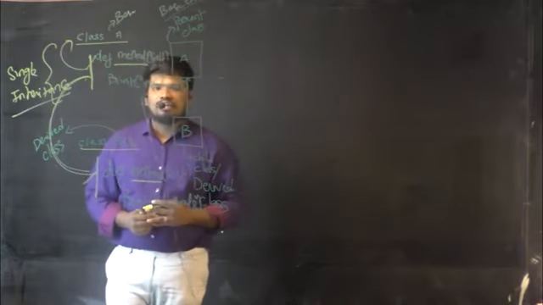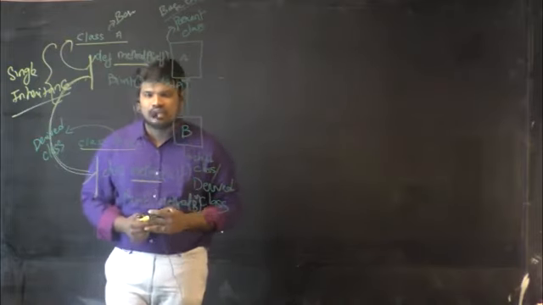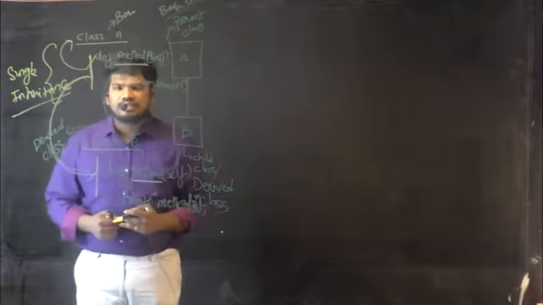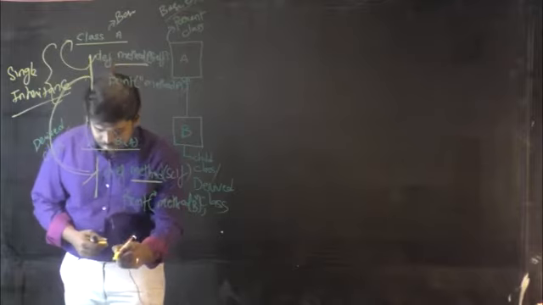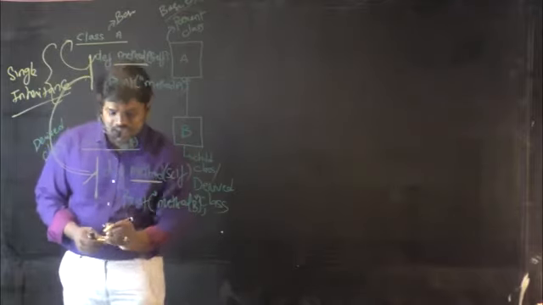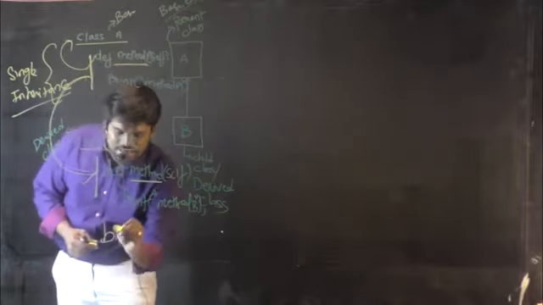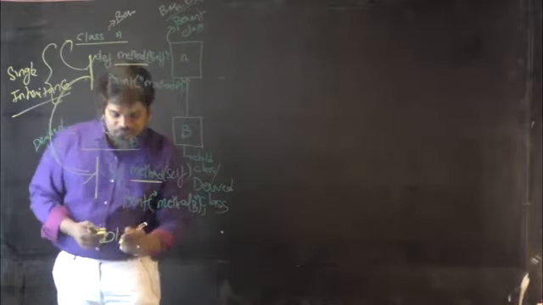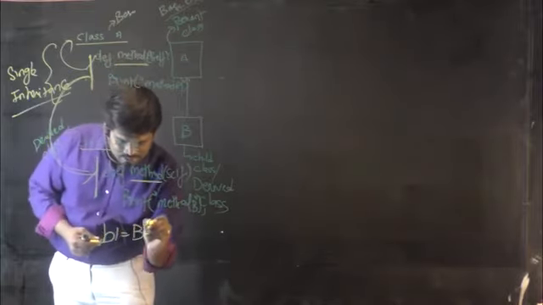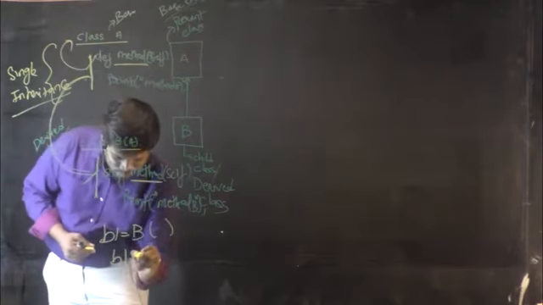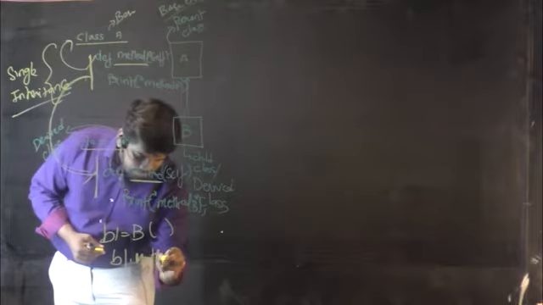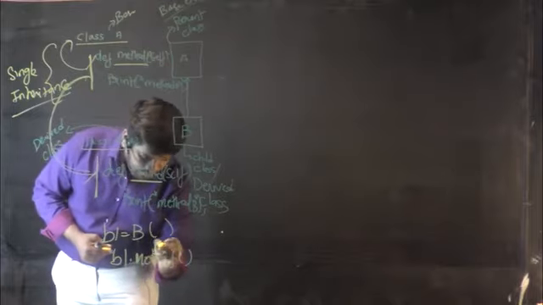I hope this is clear for you, what method overriding is. And next I have to create an object for this. Obviously we have to create an object of the child class. So here I have taken one variable, b1 is equal to B, the name of the child class, and then b1 dot method.